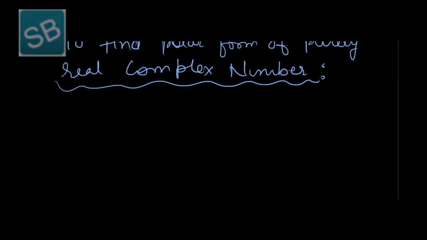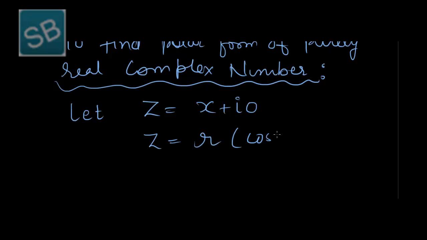So let Z be a purely real complex number. So Z is equal to x plus iota 0, where the imaginary part is 0. So here, comparing with the polar form, Z is equal to r cos theta plus iota sin theta.